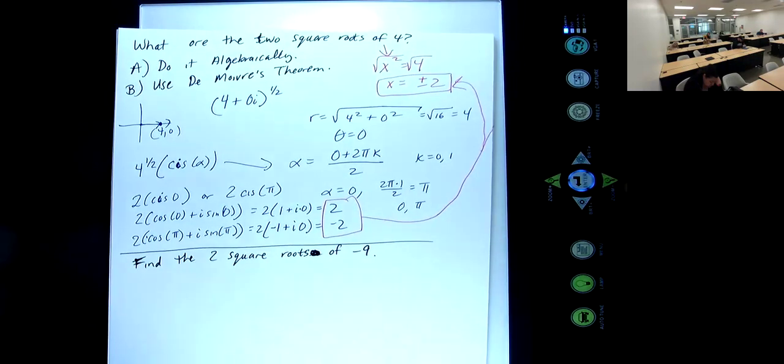You can use the approach we did here, and do it both ways. You should be able to get the answer both ways.